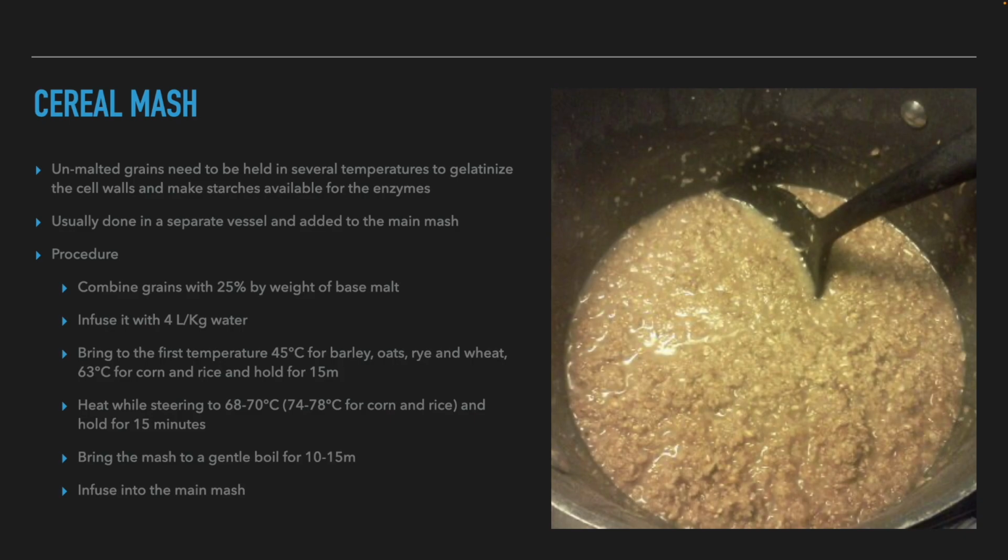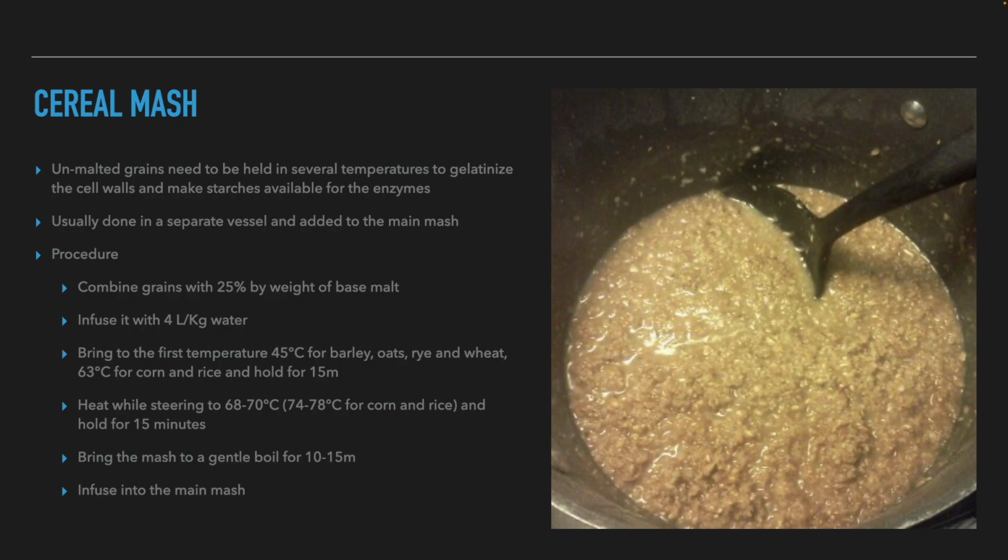First, combine the grains with 25% by weight of base malts. Infuse the grist with 4 liters per kilogram of water. Bring the cereal mash to 45 degrees Celsius for unmalted barley, oats, rye, or wheat, and 63 degrees Celsius for corn and rice, and hold this temperature for 15 minutes.